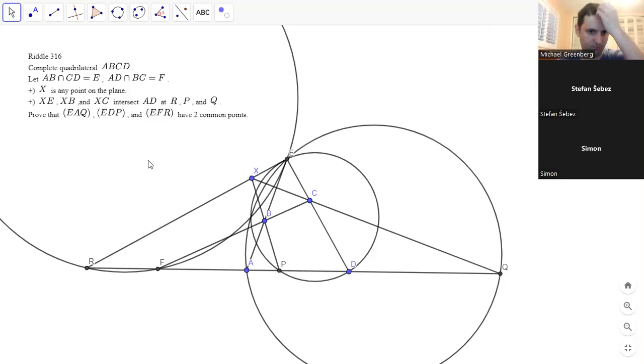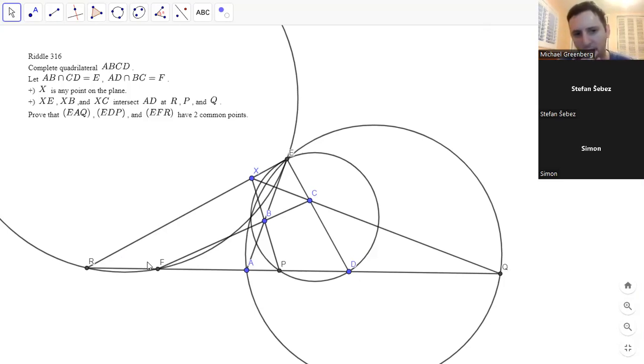So we know that A and C go to A and Q, and so there is an involution swapping A and Q. Similarly, it swaps P and D and R and F.